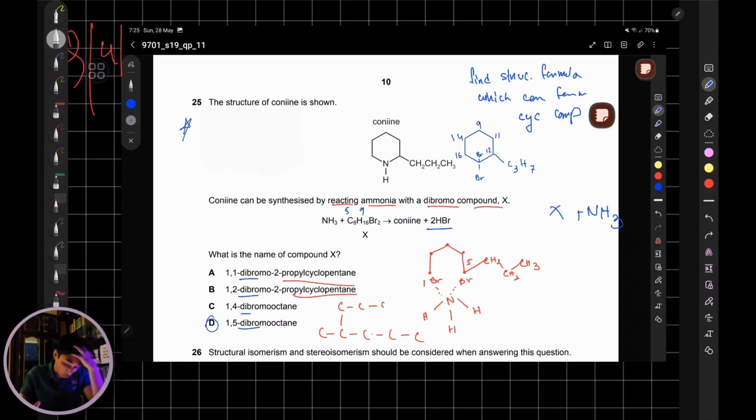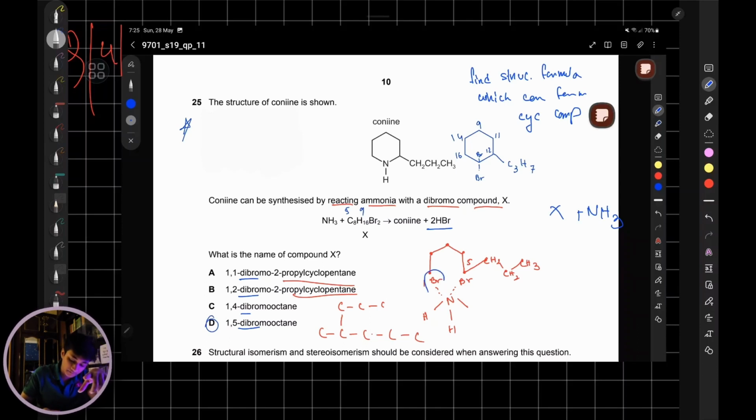Basically, we need to work with a long chain carbon molecule where you have the bromine in the first and on the 5th position. If you have the bromine in the 1st and 5th position, in that case, your NH3 can come in and have an attraction with the Br atoms.